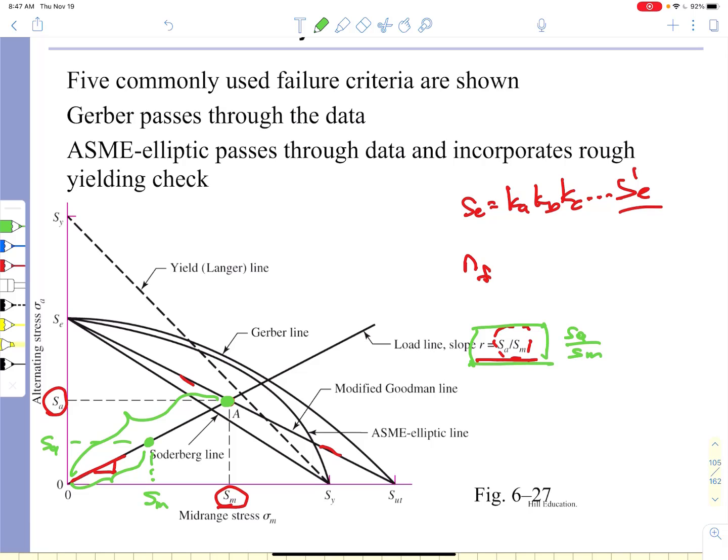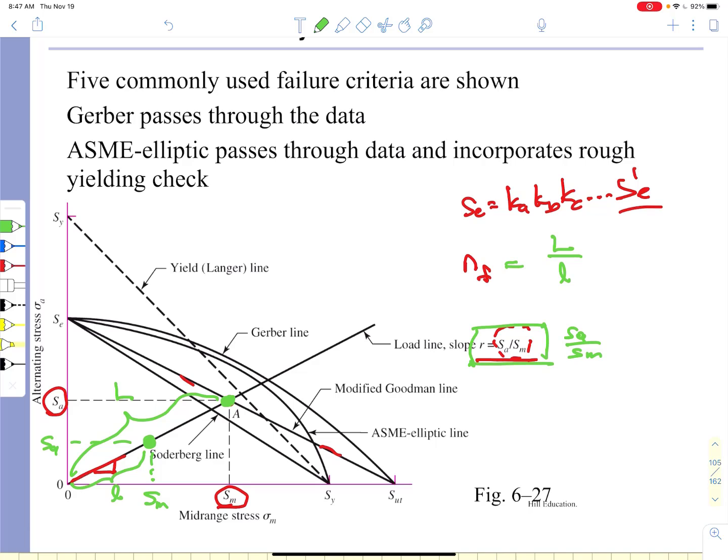And so this length, I'll call that capital L, this length is little l. The fatigue factor of safety is simply capital L divided by little l, and it's just the relative lengths of the lines relating to your particular combination of stress amplitude and mean stress, and for that given load line, where it intersects your given fatigue criterion.